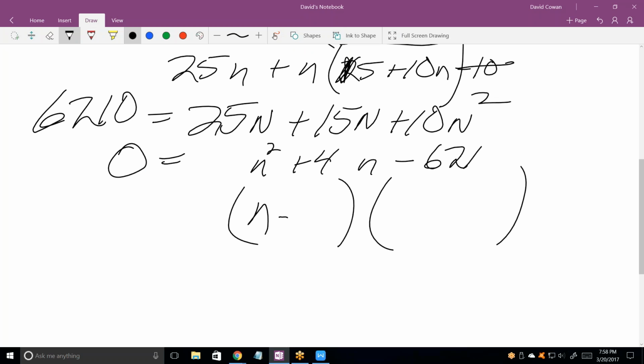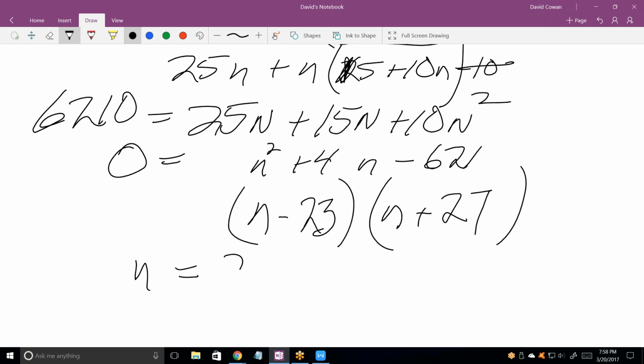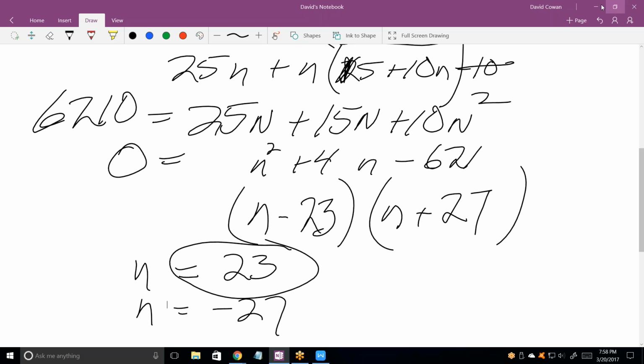Okay, so notice that the 23's got to go there. The 27 with the plus sign got to go there, which makes the answer what? It's 23 because it can't be negative. Yeah, exactly. In other words, I end up with two answers, and I have to choose the positive one.